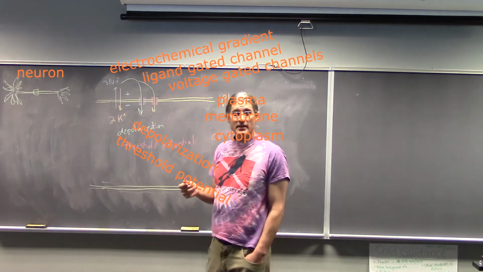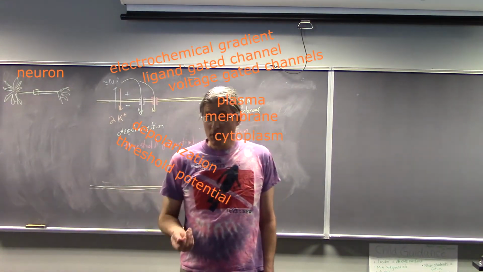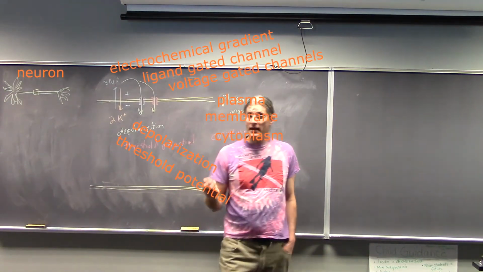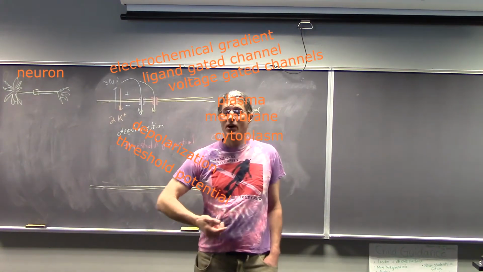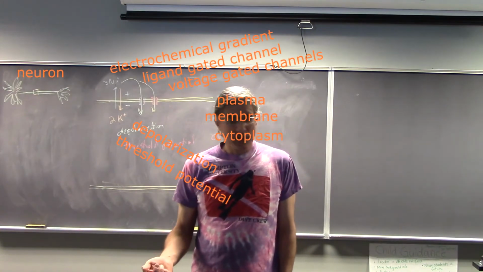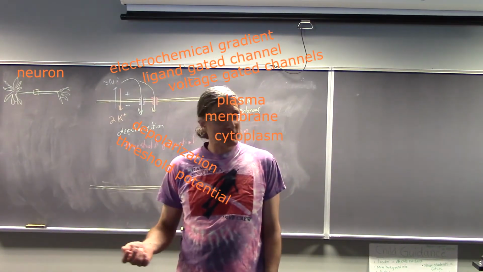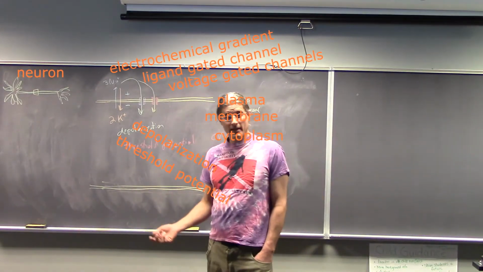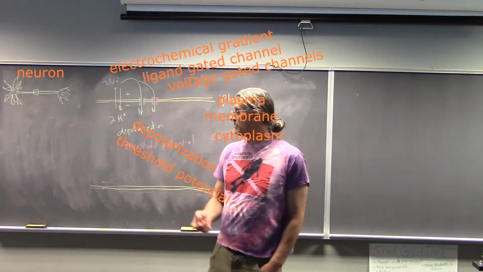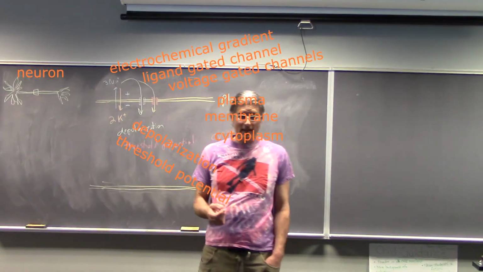So what you have is a depolarization event caused by these ligand-gated channels, caused by the neurotransmitters from presynaptic neurons that are stimulating or instead might be inhibiting the opening of these ligand-gated channels.